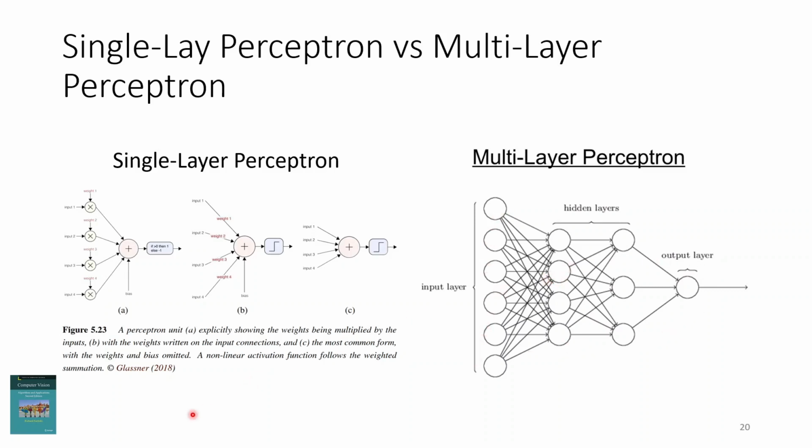If I remove all this part, just forget them, and take a look at just this element and this output element, it is the single layer perceptron case. So the multi-layer perceptron is just an extension of the single layer perceptron.